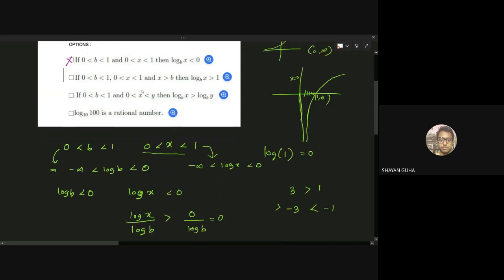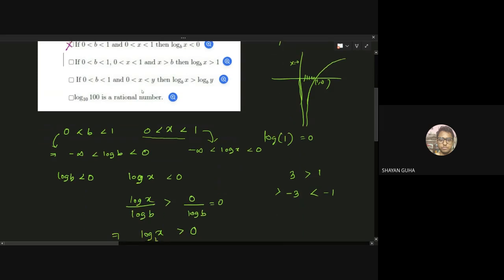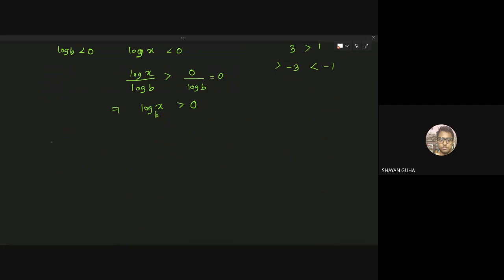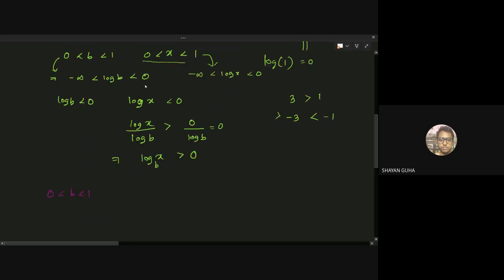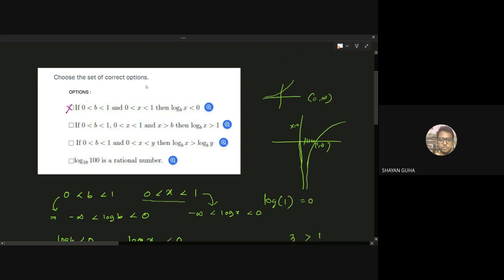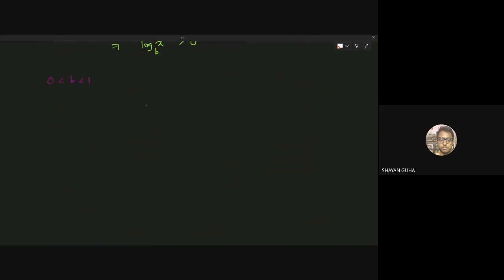Now let's move on to the second part. The second part is telling me the same things. b is greater than 0 but less than 1, and here also x is greater than 0 but less than 1.